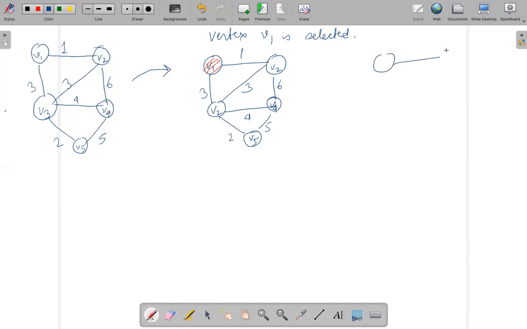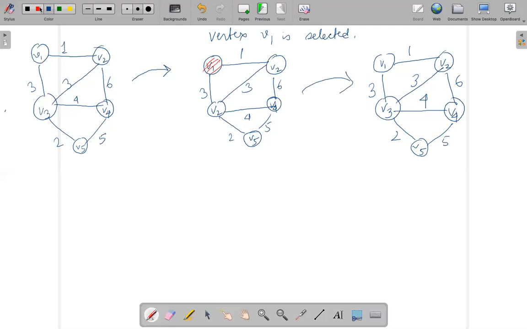we will have both V1 and V2 selected. So now we have selected both V1 and V2.